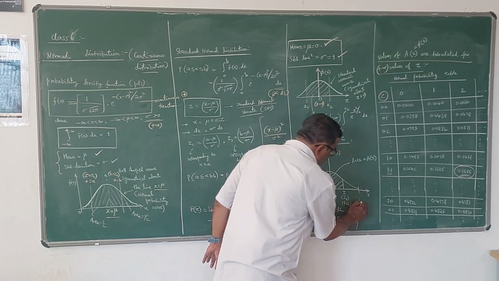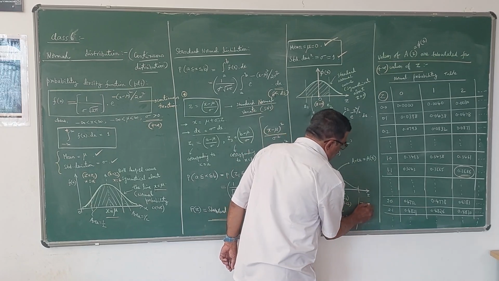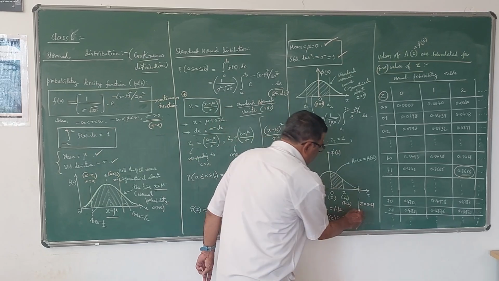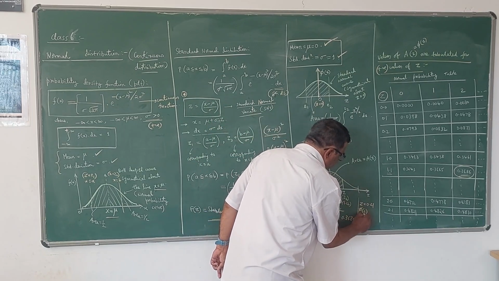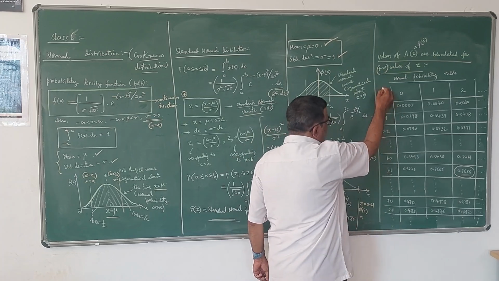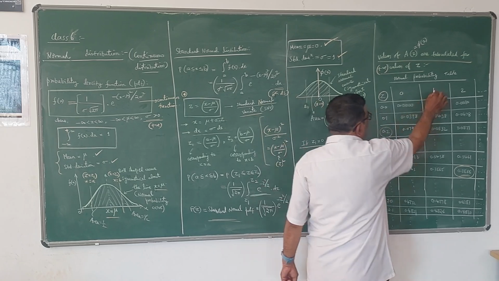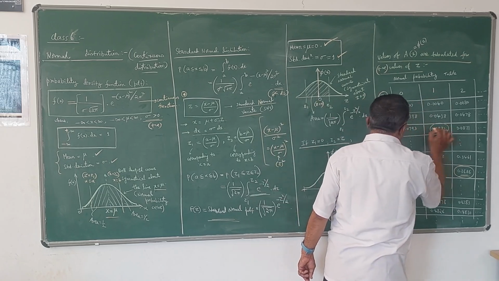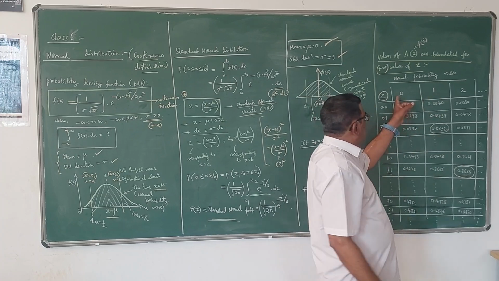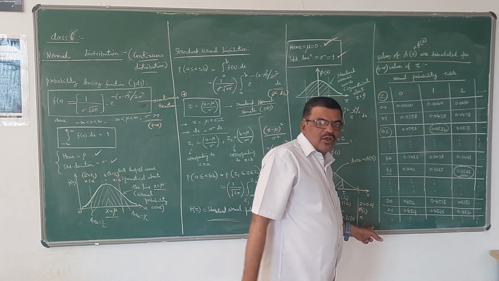Similarly, I will take one more value. Let me take z is equal to 0.21. What is the value of phi of z from the table? So z is equal to 0.21 means this is 0.2 and this is 1. So you have to take this one. The second decimal place you have to take in the row, and the first decimal place in the column.